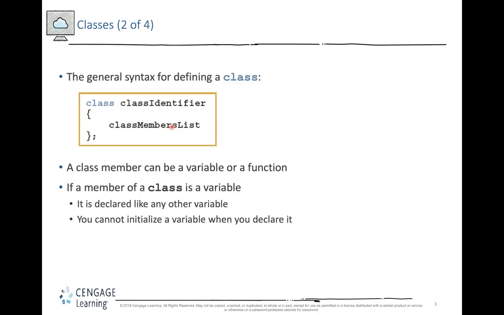Sometimes people call them methods; there's no difference there. So you can have functions as members, and not just variables. They're very much similar, except for that keyword, class, that indicates it's a class.